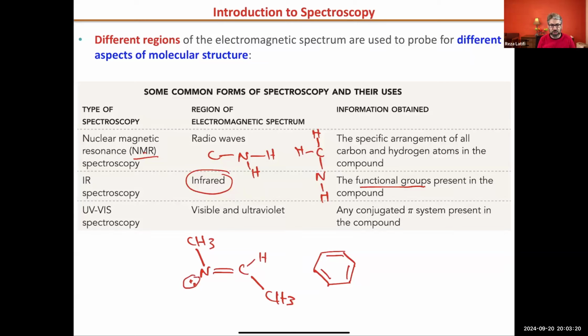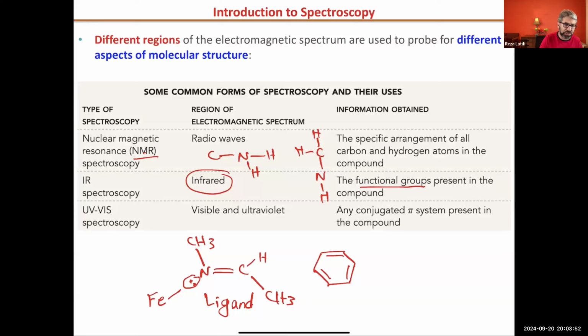Now I want to know whether this molecule, or we call it ligand, is attached to a piece of metal, yes or no. You're going to go after IR technique, or also you can go after a UV-vis technique, and that's going to tell you whether the nitrogen is attached to iron or not.